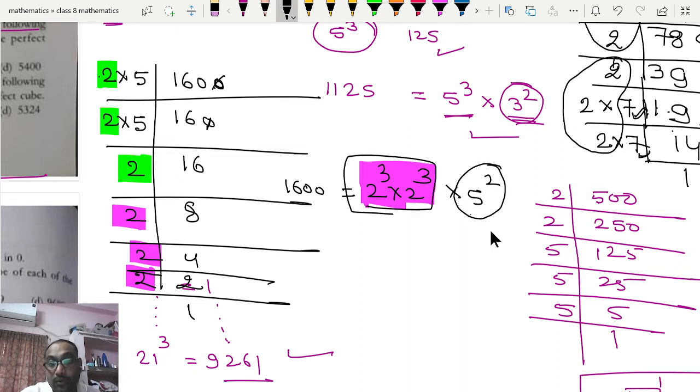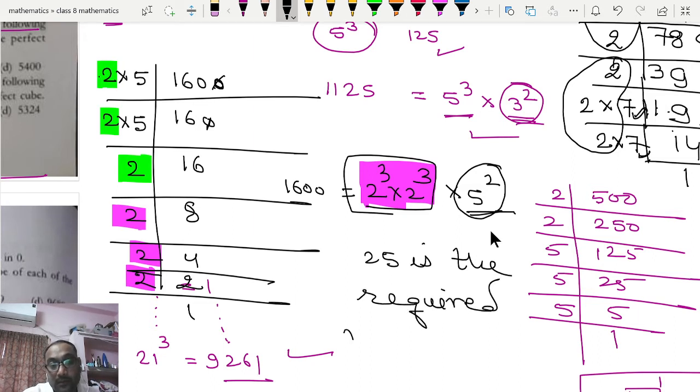Okay, we are not to multiply any number with the given number, and dividing means removing. So 5 square, it means 25, is the required number by which you can divide 1600 to make it a perfect cube.